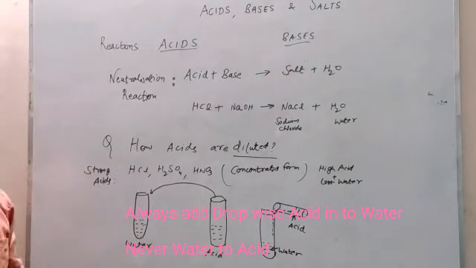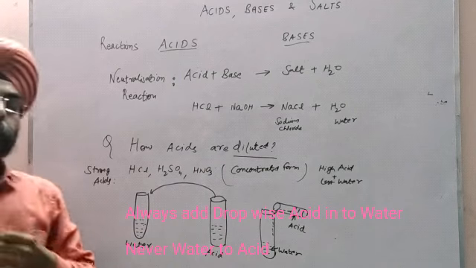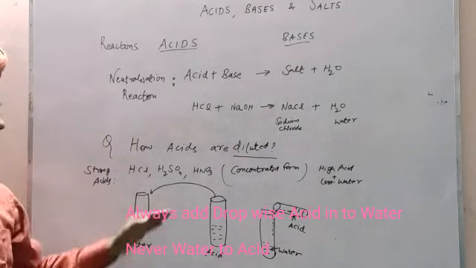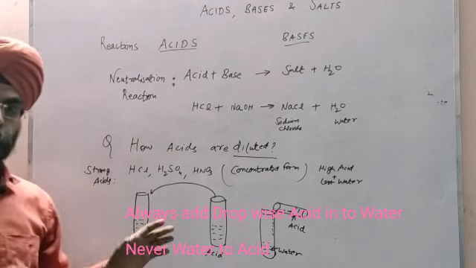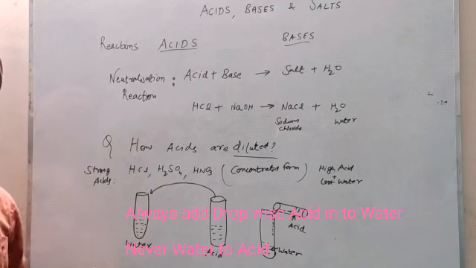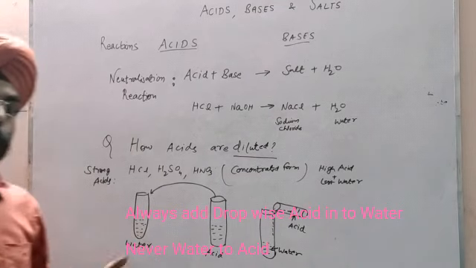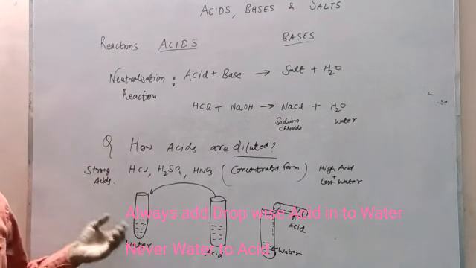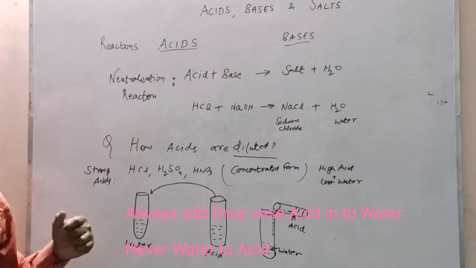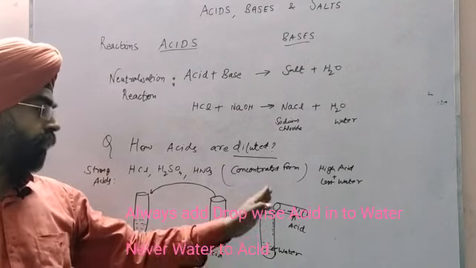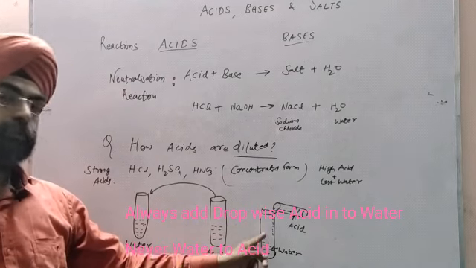The reason behind dilution of an acid is that it is an exothermic reaction. If we add acid to the water, acid and water react together and a high amount of heat is released, and it can cause burns, or even cause the acid to splash out. So always slowly, acid is added to the water along the sides of the test tube, drop wise.